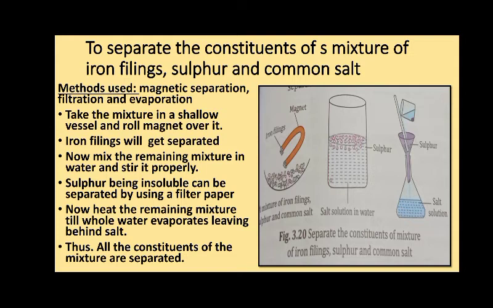Now we heat the salt solution till the whole water evaporates and the salt is left behind in the china dish. In this way we have separated the constituents of the mixture.